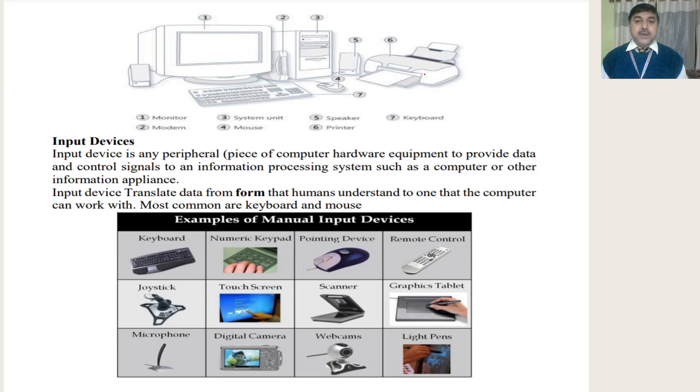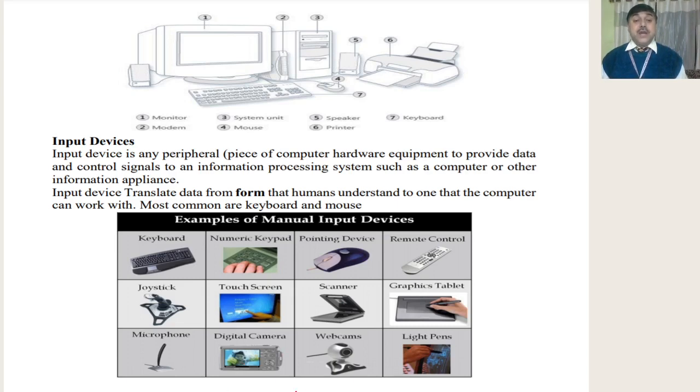This is your printer. Combining all these things, you see there are many types of things. Now there is an input device. Input device means the peripherals, equipment, or hardware which control the information signal that is sent to the computer, that means into your system.